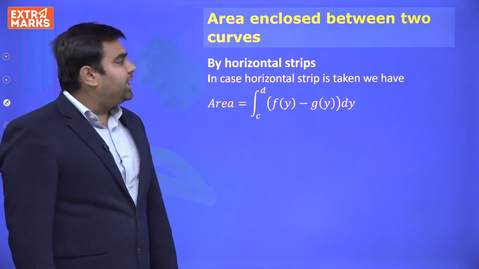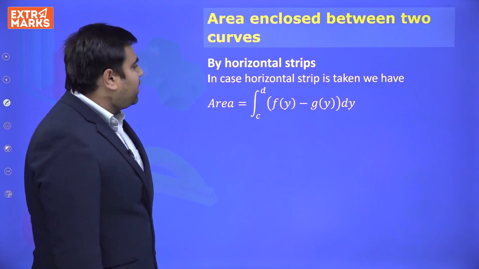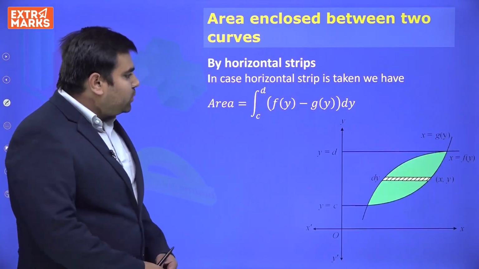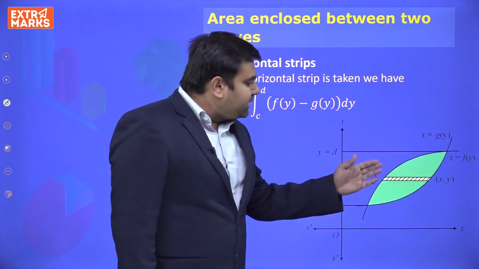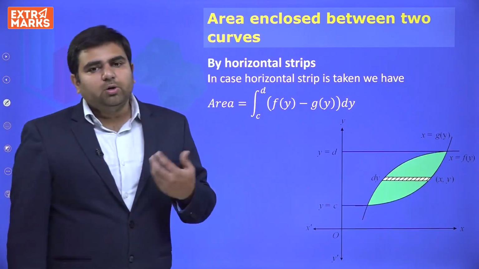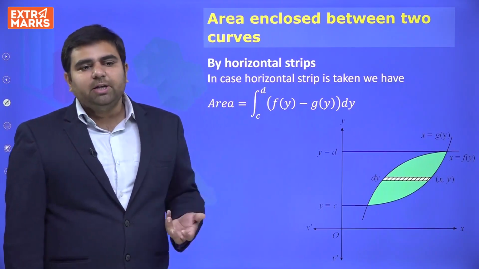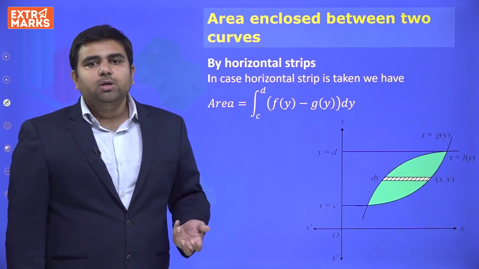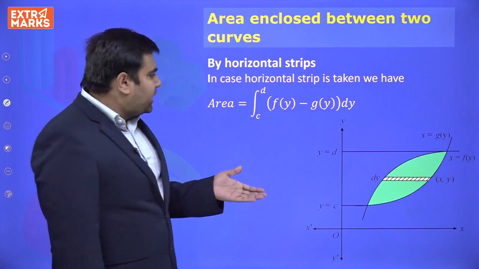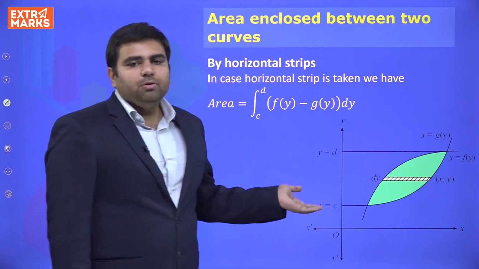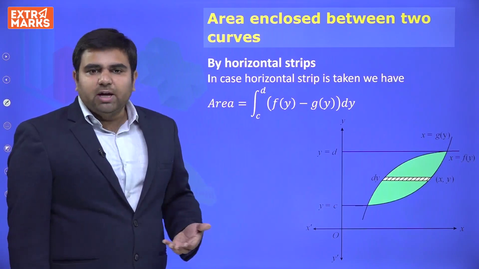Let's proceed ahead. Area enclosed between two curves by horizontal strips. Let us consider that now we want to calculate the area bounded between two curves, but now we need to calculate by taking area with respect to the y-axis.